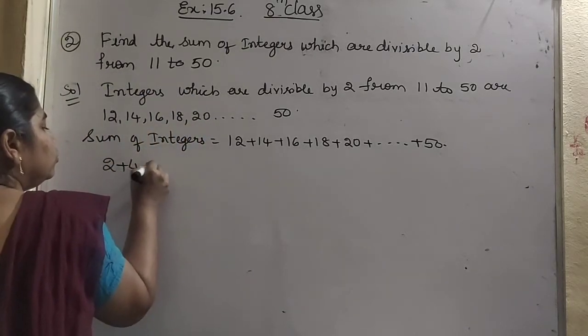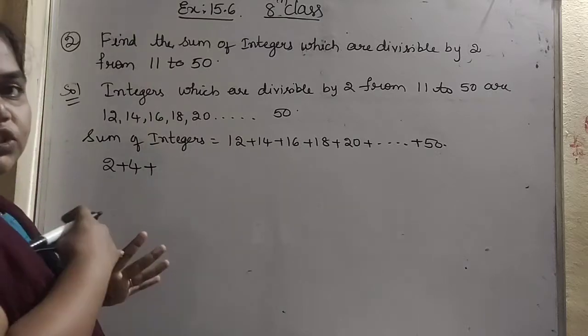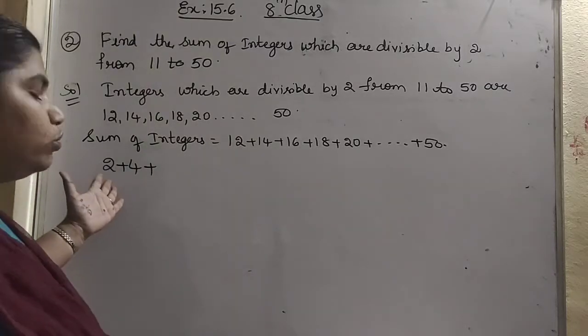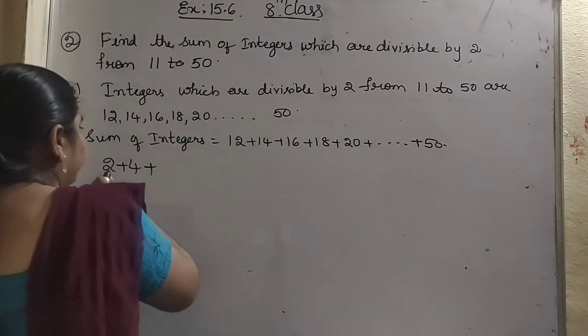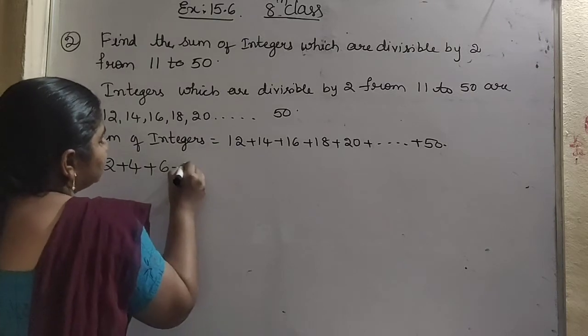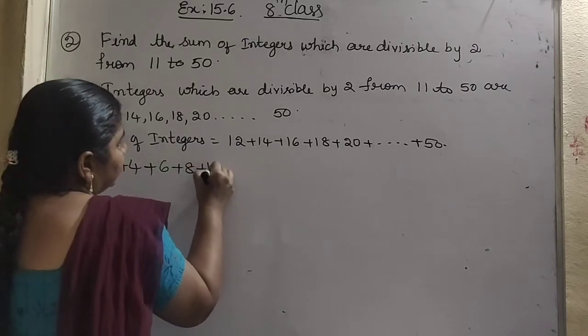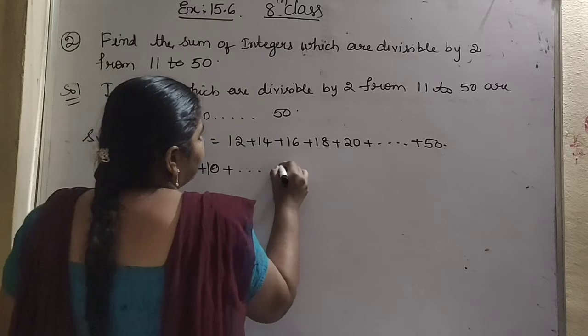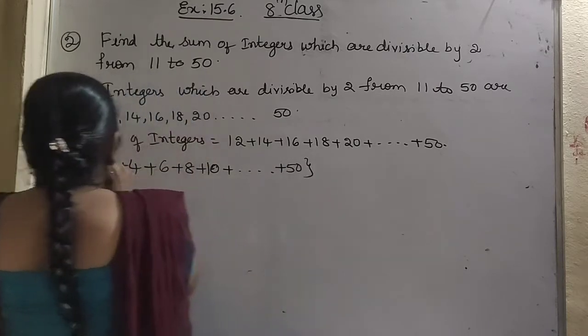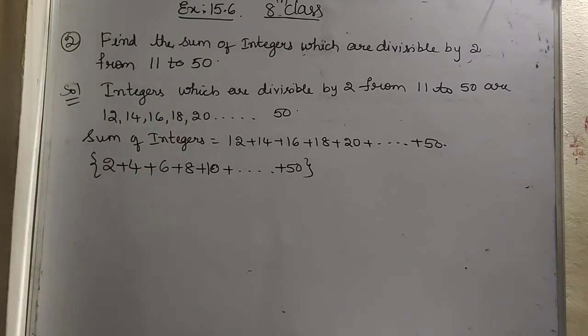from the starting numbers which are divisible by 2, that is from 2 to 50 I am taking. From 2, 4, 6, 8, 10 plus so on up to 50. From these numbers, what am I subtracting?